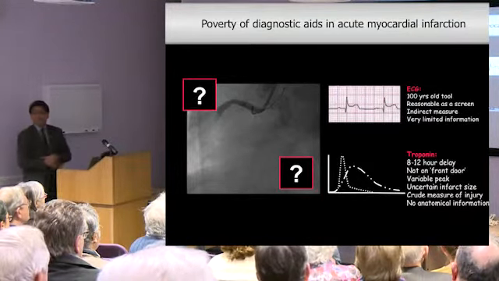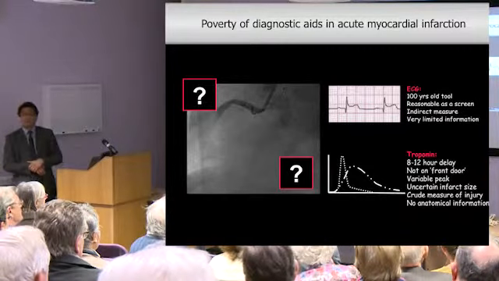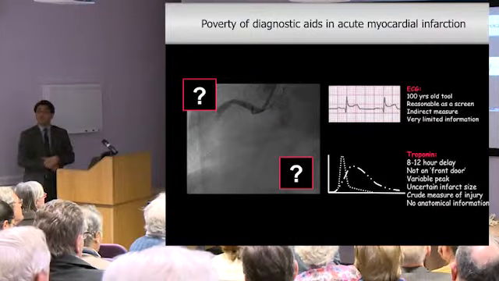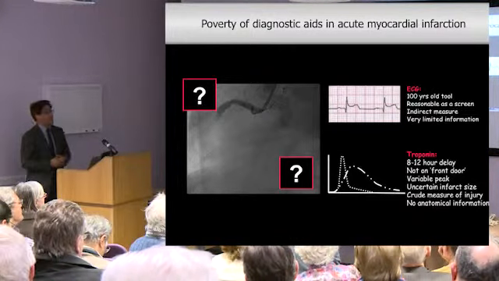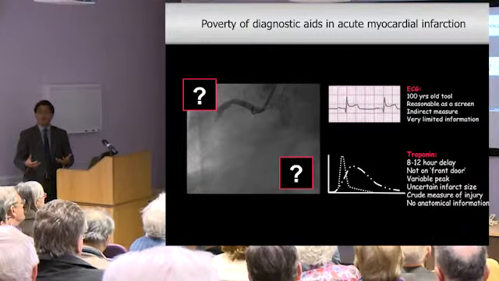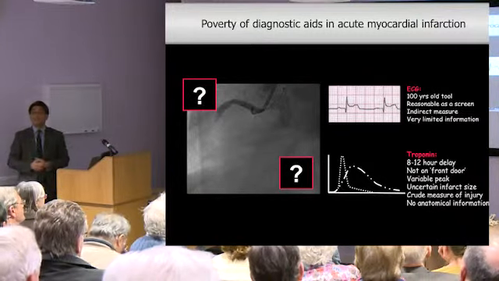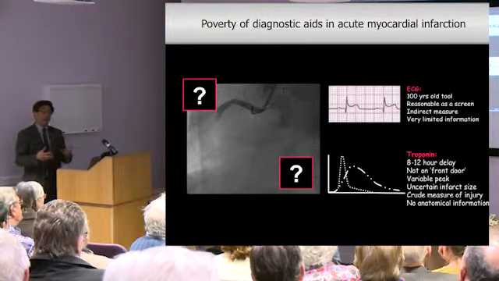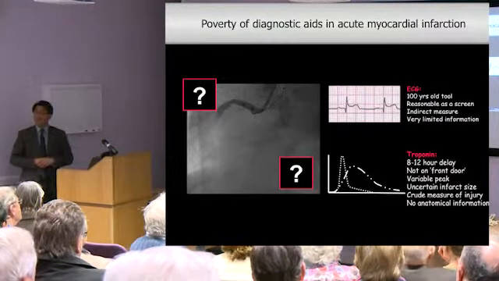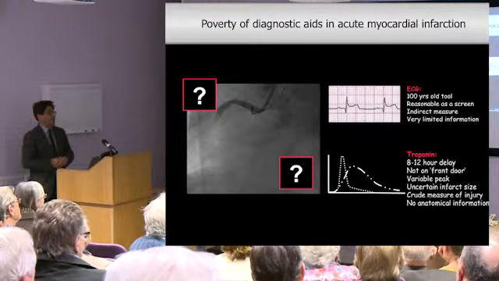But actually, these tools, although we use them every day, are relatively crude in terms of what they can tell us. They don't tell us very much at all about the extent of damage to the heart at the time of presentation. They tell us even less about the extent to which we might be able to recover function in that threatened muscle over time.